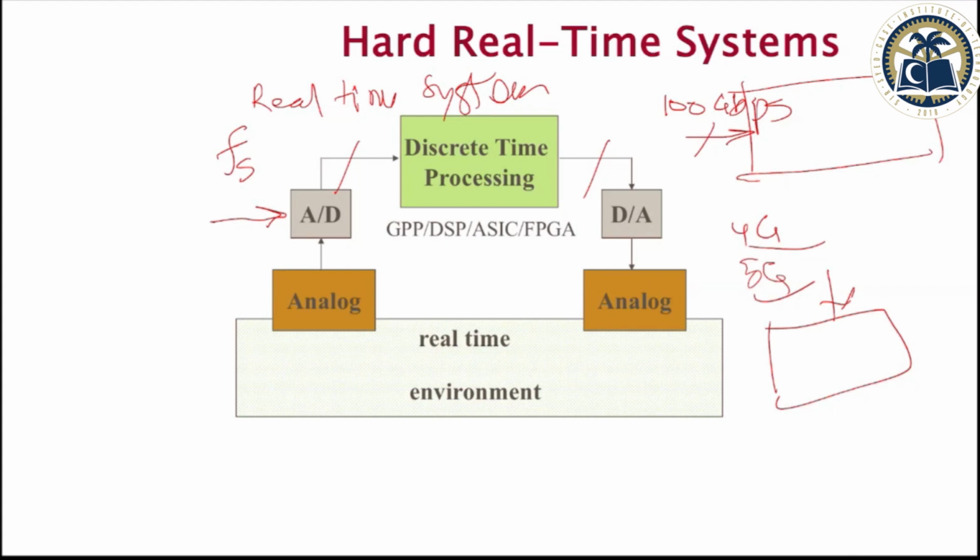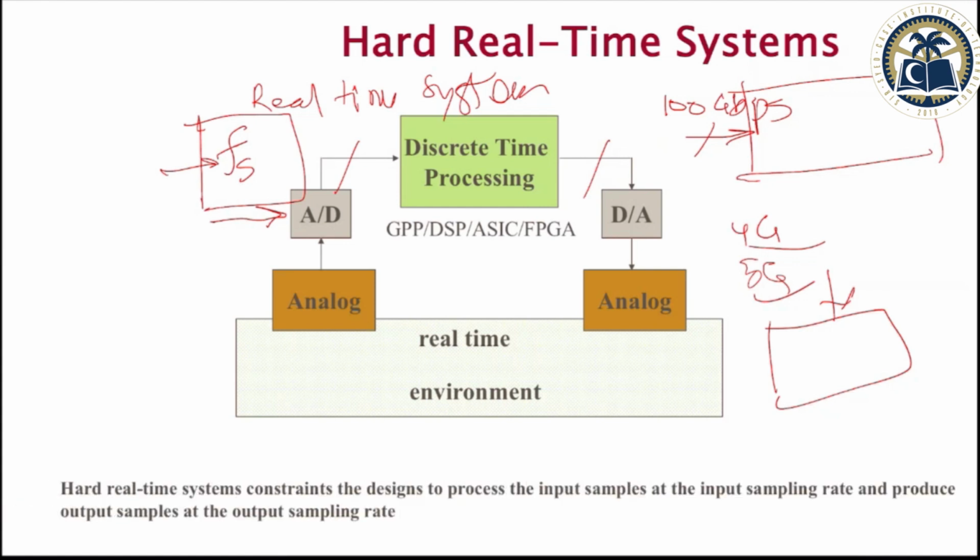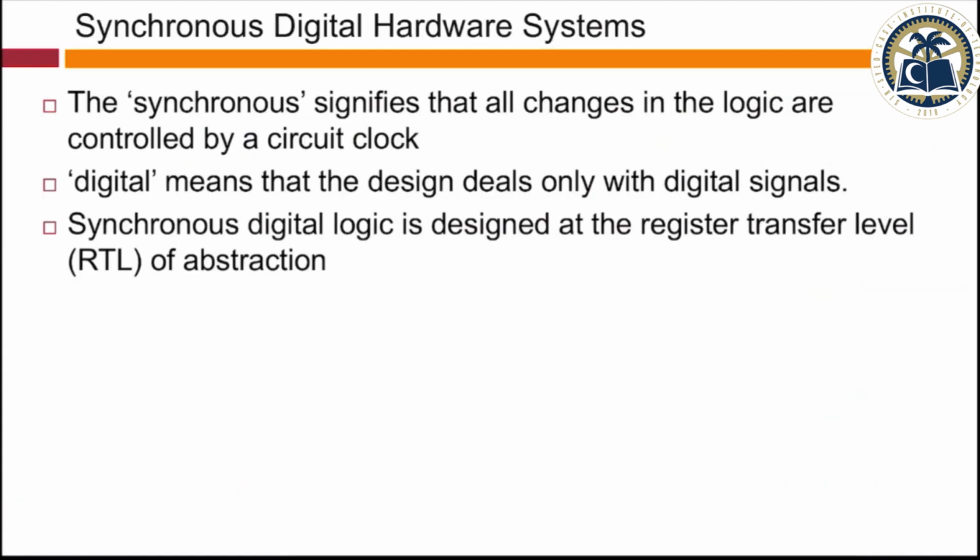Okay, if it is a high definition TV, for example HD TV, so you have, let's say, 30 frames every second, and every frame has RGB 3, and then it has so many million pixels. So you got to figure out at what rate you have to process every pixel, and that would give you, from the architecture perspective, the biggest budget, which is the rate at which you have to process data.